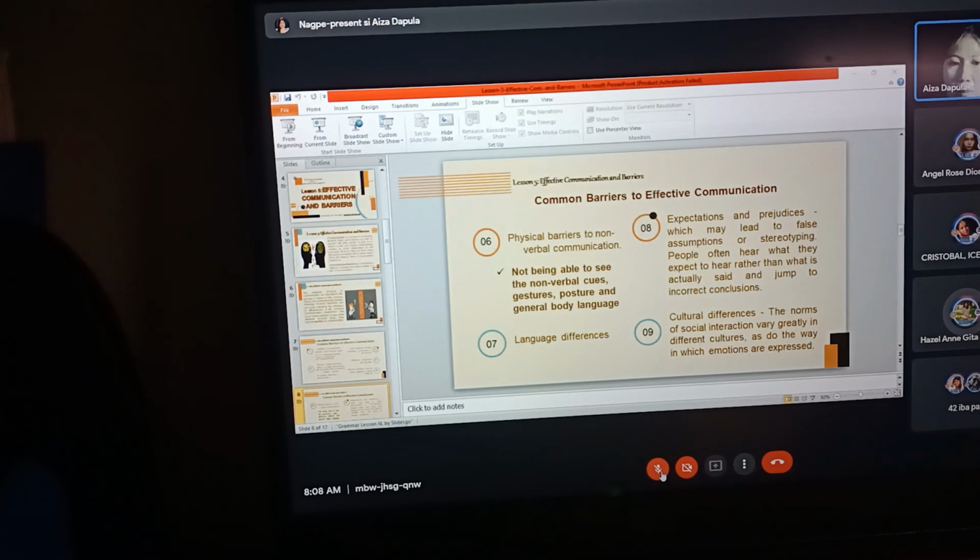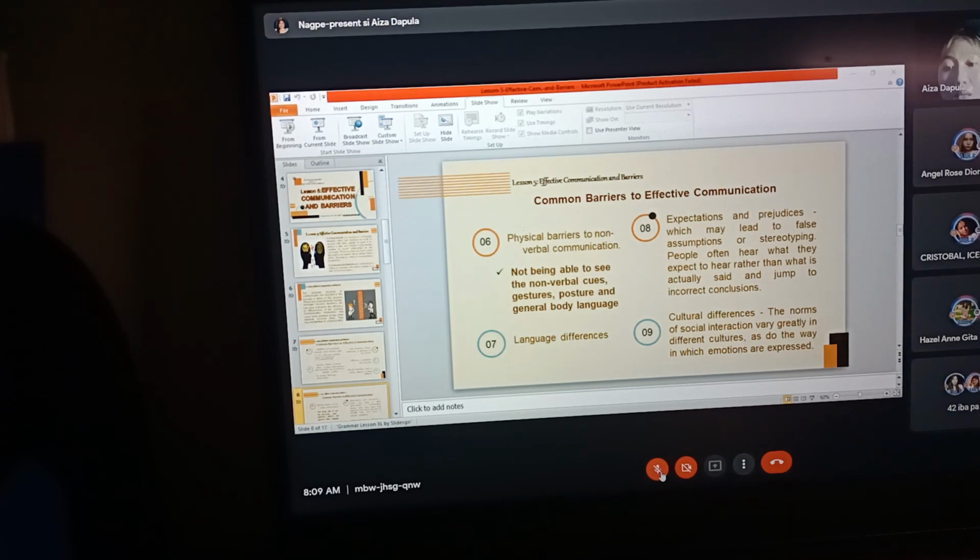But miscommunication happens if the sender and the receiver do not use the same language. For example, the sender uses Tagalog and the receiver uses Bisaya, and neither can understand the other. Is the communication effective? No po. Hindi siya makakaintindihan. Baka magkaroon pa ng away.